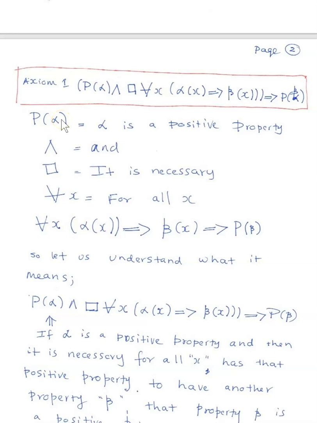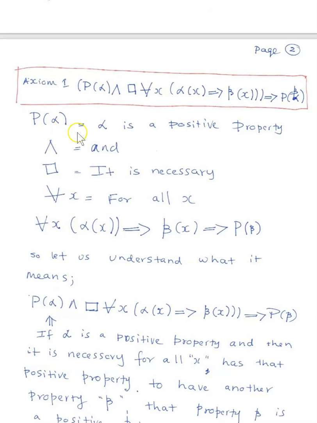But in this case, he's talking about God. So he's saying that alpha is a property of something, and when you say P alpha, that would be a positive property. A positive property could be kindness, giving, forgiveness, etc. These are the positive properties.